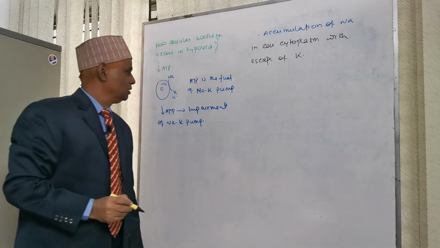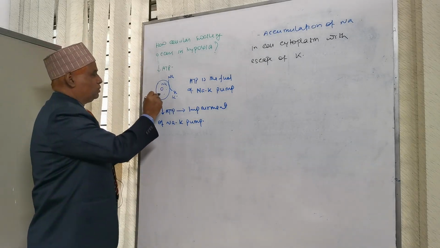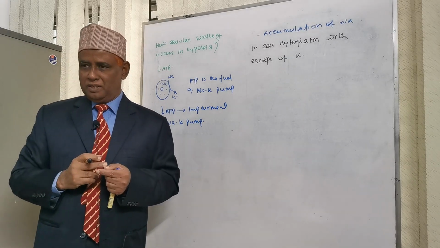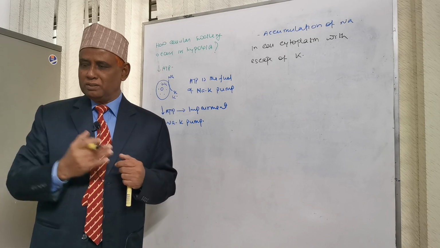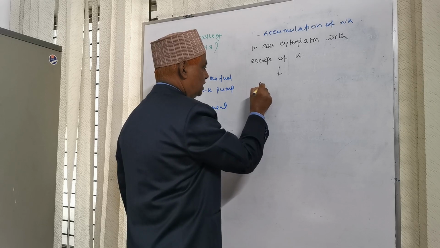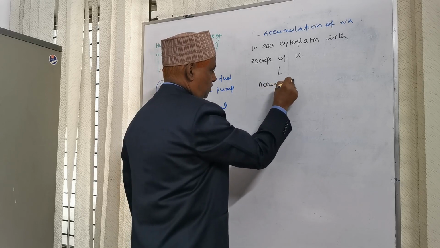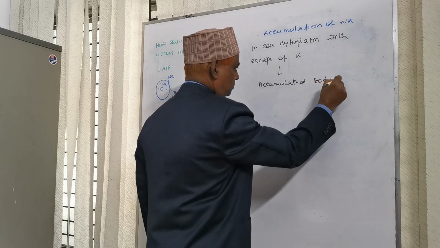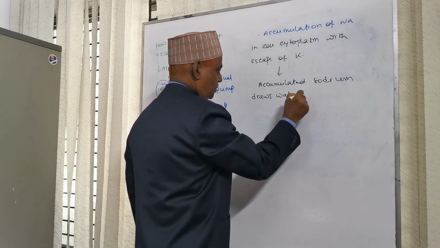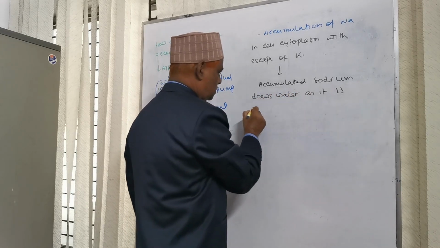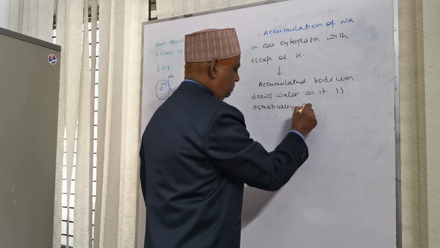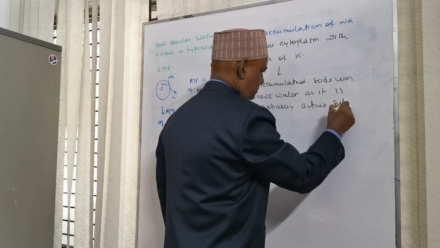So now we are getting a lot of sodium within the cytoplasm of the cell, and you know sodium is an osmotically active particle. It cannot live alone. It draws water to it. So accumulated sodium draws water, as it is an osmotically active substance.